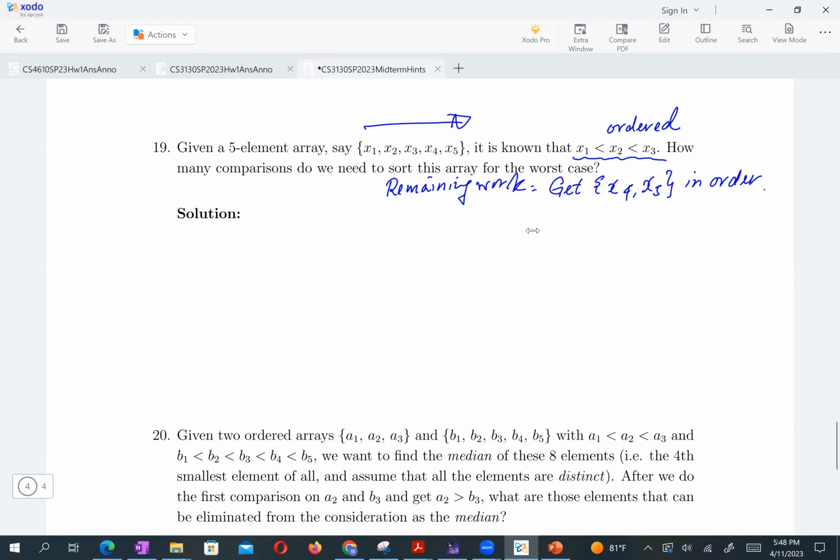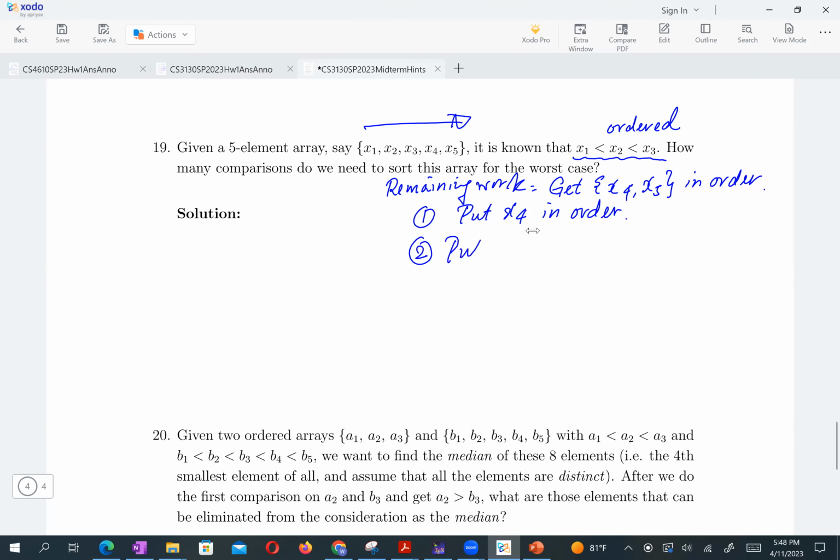Then can we do it in two steps? The first step, put x4 in order. Step 2, put x5 in order. Two steps.